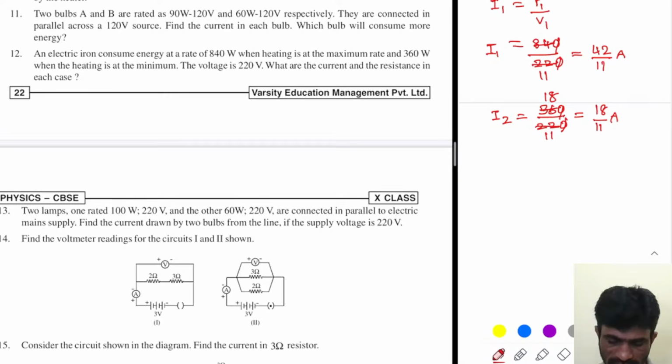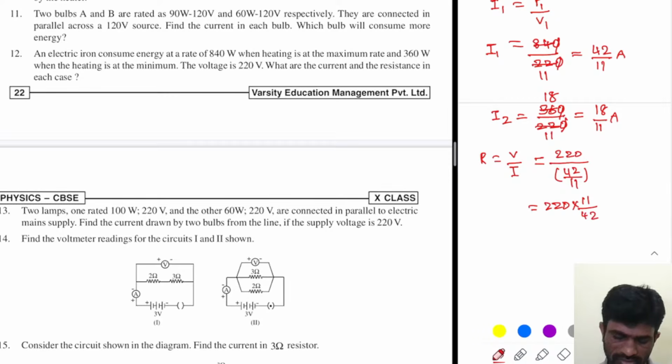Resistance, how can we find resistance? R is equal to V by I, because V is equal to I into R. So V is 220 same, but I is 42 by 11. So we can write it as 220 into 11 by 42, because 42 by 11 will become 11 by 42.